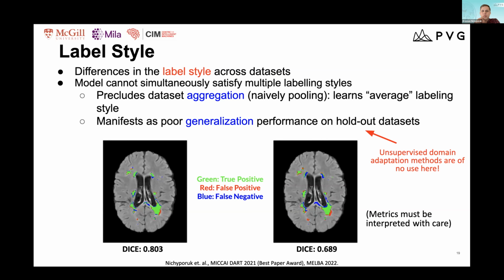We did do some work where we had an external labeler label a naive pooling model and our model, and we did see a jump. It's not something we ended up publishing because the magnitude of this jump is going to depend highly on whatever the labeling protocol is, of course. What they did is evaluate our segmentations from both models and make corrections, and then we looked at the difference between the expert corrected labels and the output from our model, and there were fewer corrections on the aggregated model.